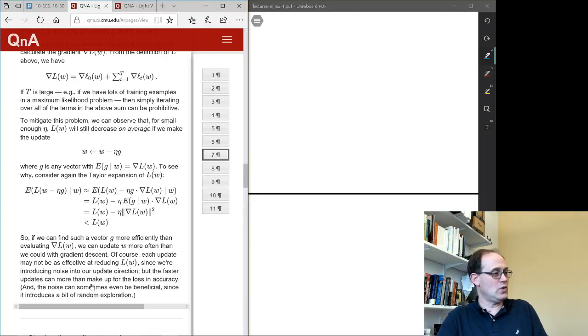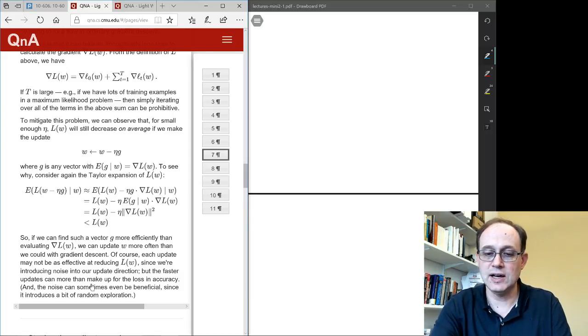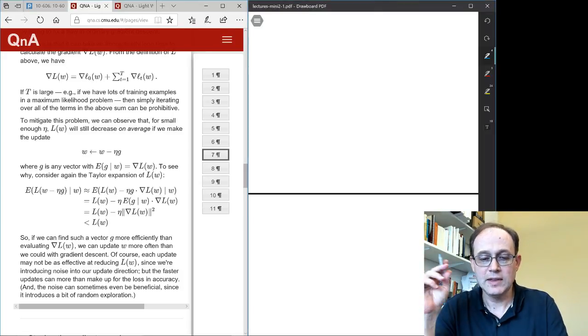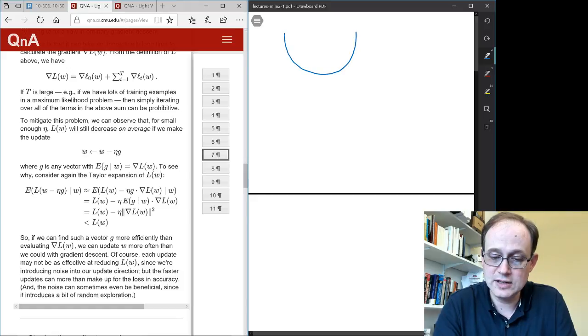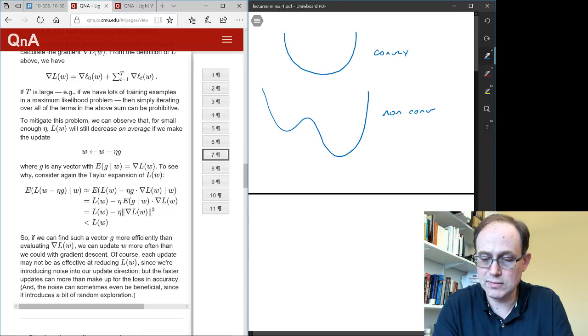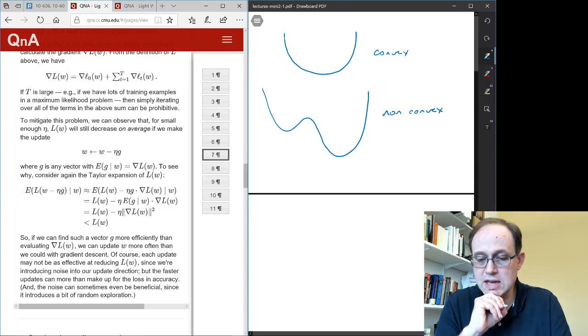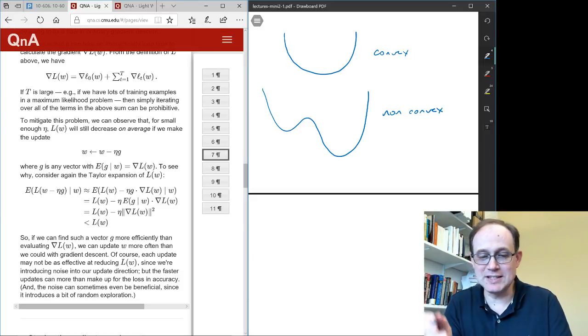Somebody's asking about the difference between convex and non-convex functions and convex and non-convex optimization. We're going to cover that in a little more detail later in the mini. But the quick version is, if you have a function that looks like this, that's called a convex function. And if you have a function that looks like this, that's called a non-convex function. The picture is nice, but it's not the formal definition.